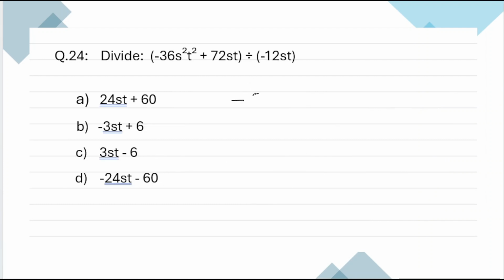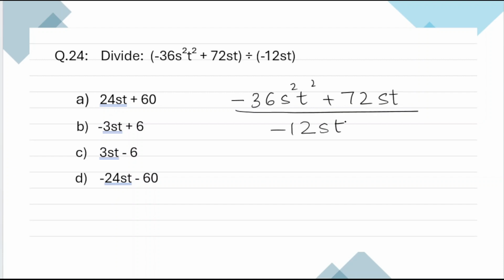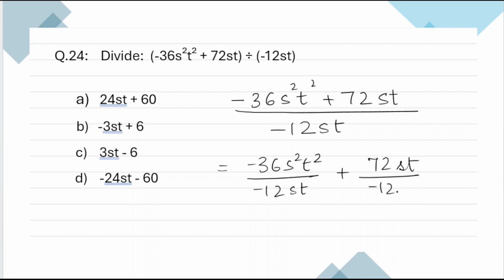Divide negative 36 s square t square plus 72 st by the monomial negative 12 st. Again, separate the terms and divide each of these terms by this negative 12 st. So let's do that. Negative 36 s square t square divided by negative 12 st plus 72 st divided by negative 12 st. Negative 36 divided by negative 12 will give you 3. This is s square, this is s1.